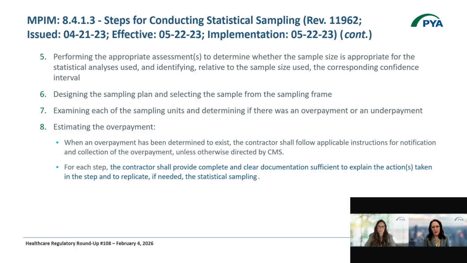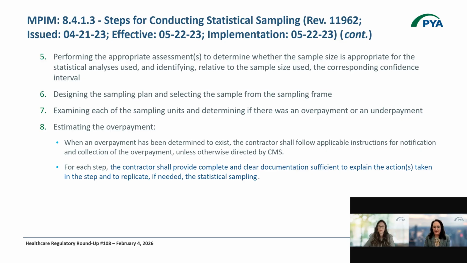Then performing the appropriate assessment to determine what the sample size is. So you work through RAT-STATS to say, okay, here was our probe error rate. We're determining what our confidence interval and our precision are going to be. You're including that, and it's going to tell you what sample size to use based on those error rates. So then you take that sample size and make sure you have, that number 6 is making sure you have that sample frame defined.